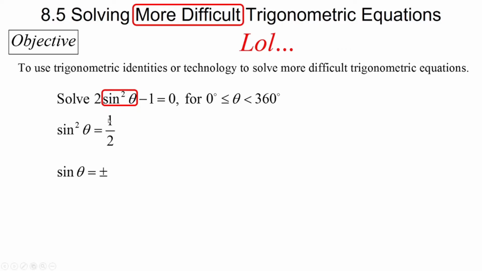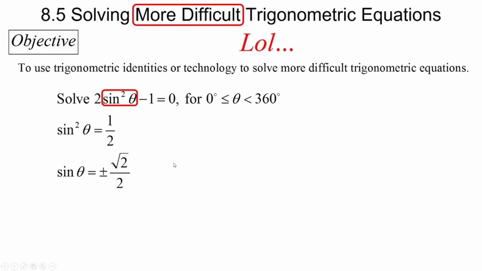We're not going to write the square root of 1/2, because that's the square root of 1 over the square root of 2, and we must rationalize the denominator. So we're going to write the square root of 1/2 as the square root of 2 over 2. So there's the first major part: sine of theta equals plus or minus the square root of 2 over 2.